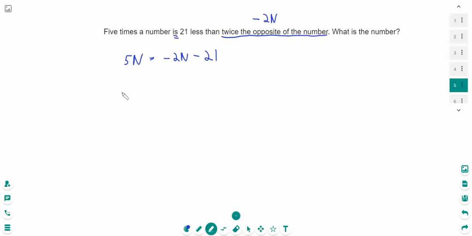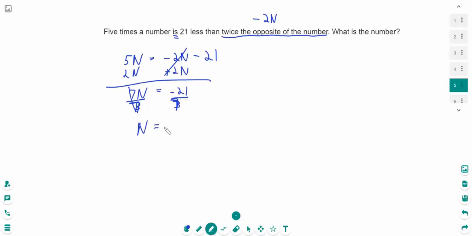Now it's just a matter of solving the equation. So we can add 2n to both sides. We end up with 7n equals negative 21, because this crosses out. And this is going to work out so nicely. Divide both sides by 3, or excuse me, by 7. I'm thinking one thing and writing another. So 7n divided by 7, that's going to give me an n.